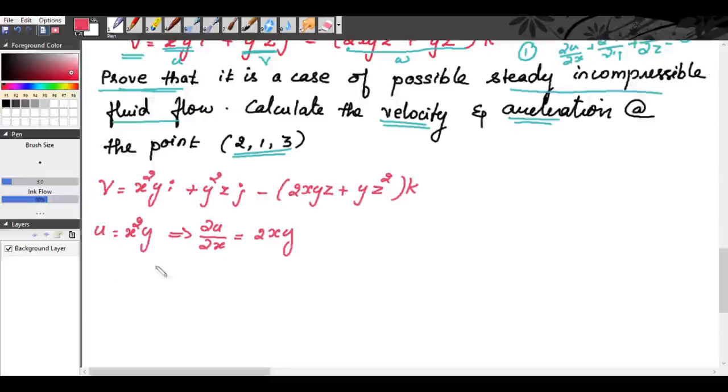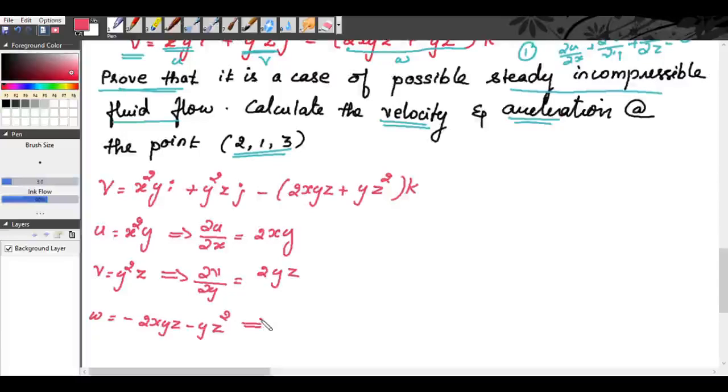Now, v is equal to y square z, from which dou v by dou y is equal to 2yz. W is equal to minus 2xyz minus yz square, from which dou w by dou z is equal to minus 2xy minus 2yz.